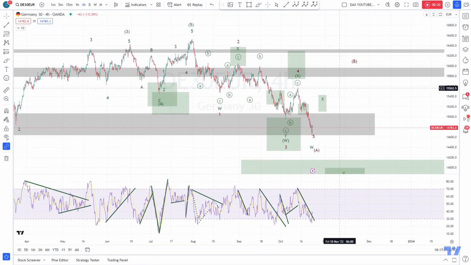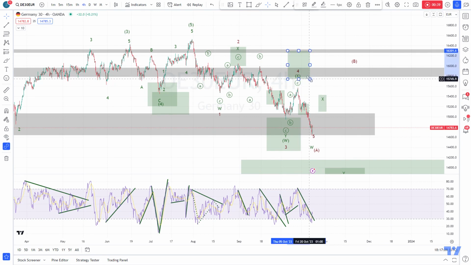Here the scenario played out where we did not reach our wave X area. So this was projected as a wave X area. But I told you there might be a chance that we would not reach it because the Nasdaq was ready. The Nasdaq reached its area after a three-wave correction.